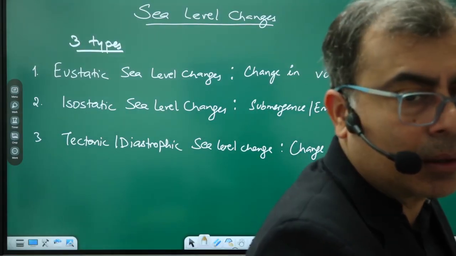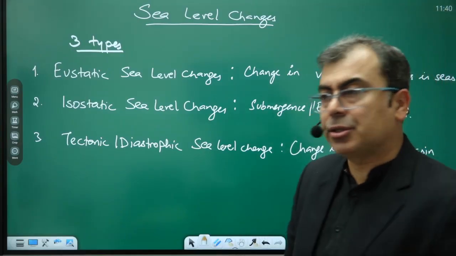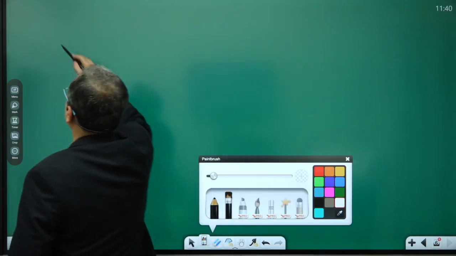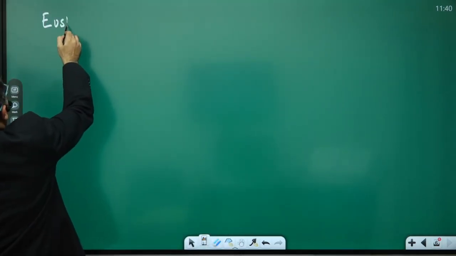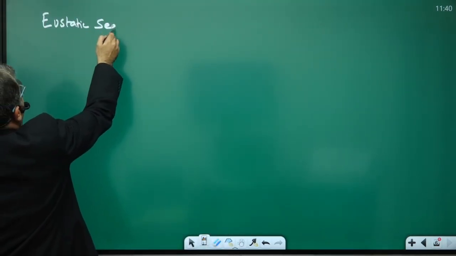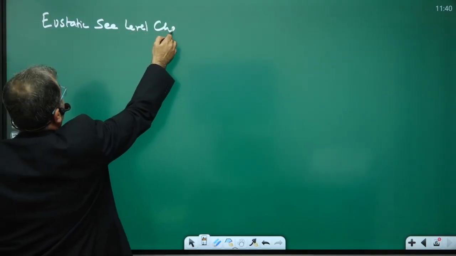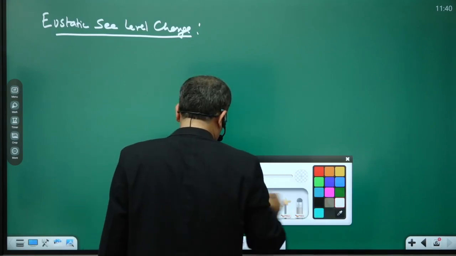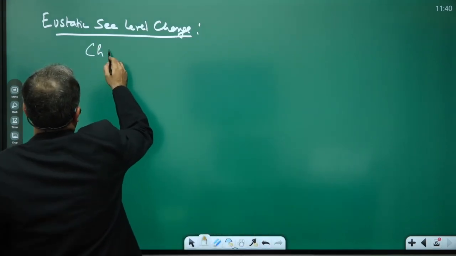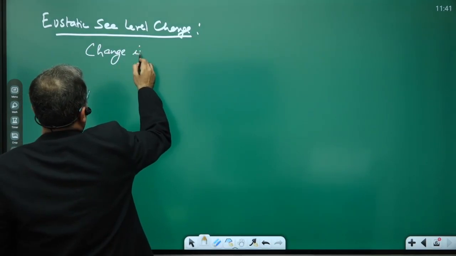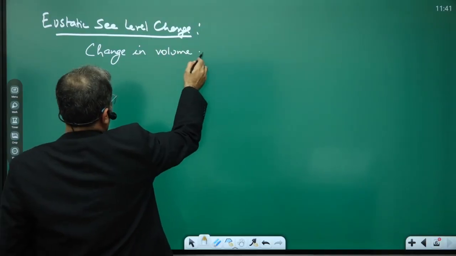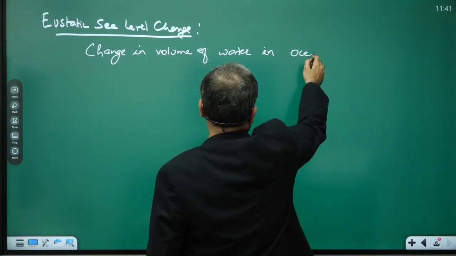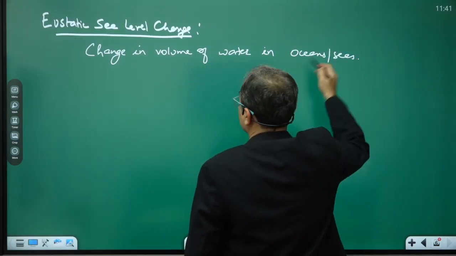ठीक है. So eustatic sea level change. Change in volume of water in oceans, seas.